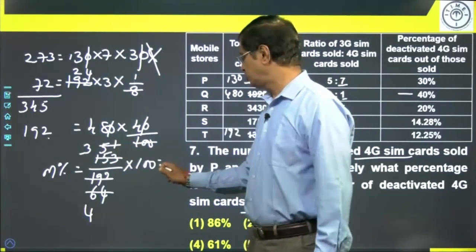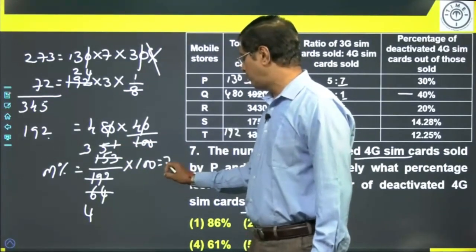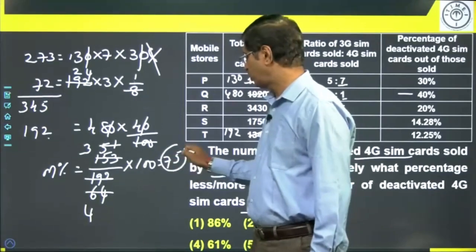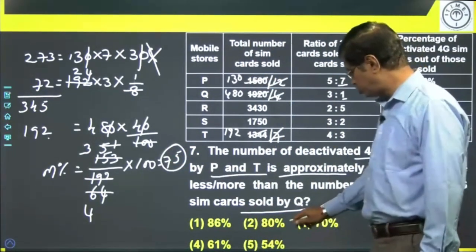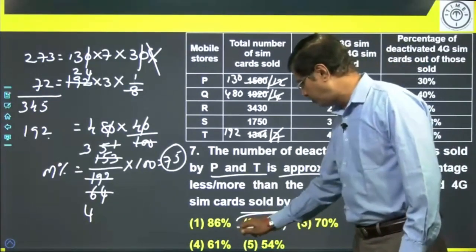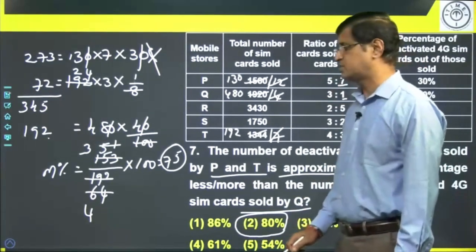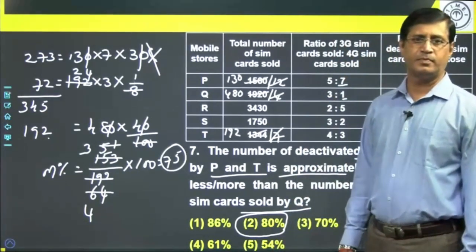So the answer is more than 75%, but close to 75%. So the right choice is option number 2. The second choice is the right answer.